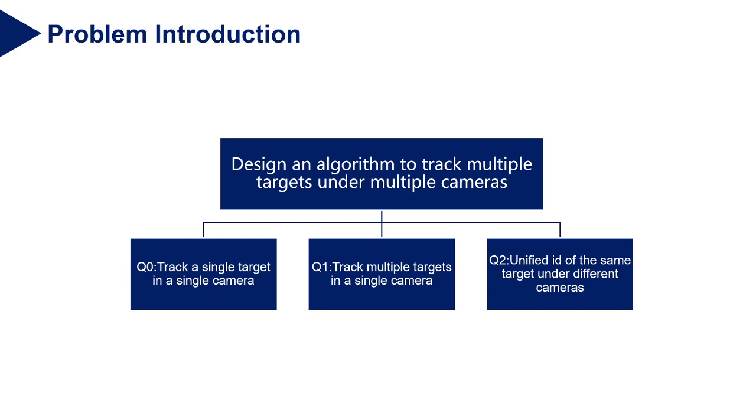Also, with multiple cameras, due to distortion, the same target may look different. Three, we need to analyze and match the multiple categories. Four, the dataset provides the direct detection result of each target.